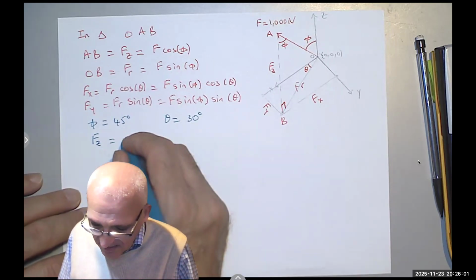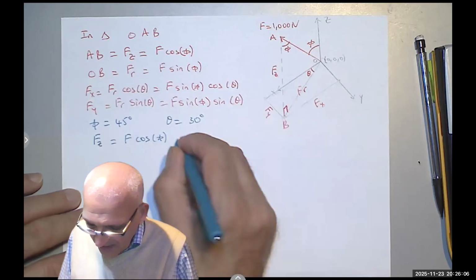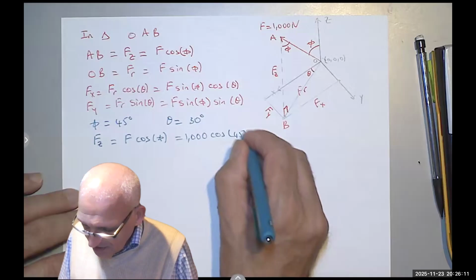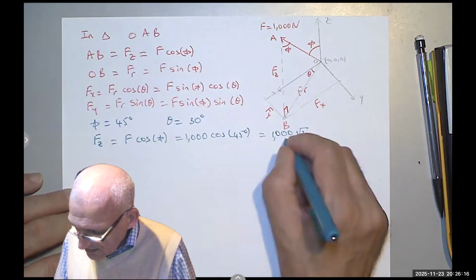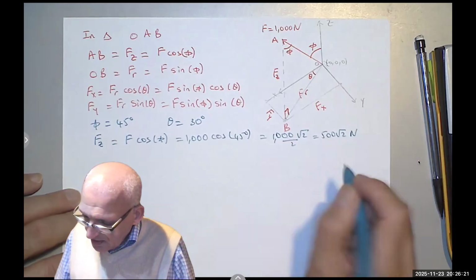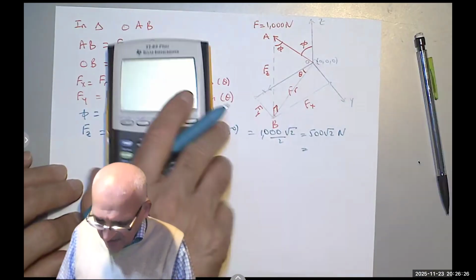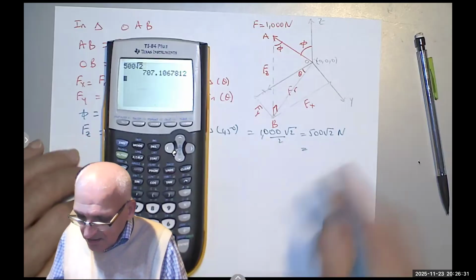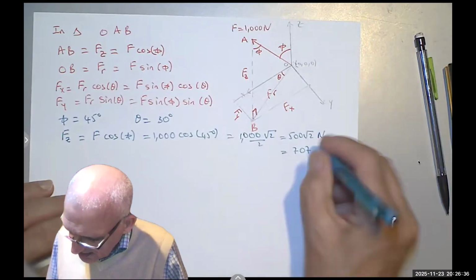And this is F cos phi equals 1,000 cos 45 degrees, which is root 2 over 2, equals 500 root 2 Newton. Or if you want to use a calculator, you get 707.1, 707 to the closest integer, Newton.